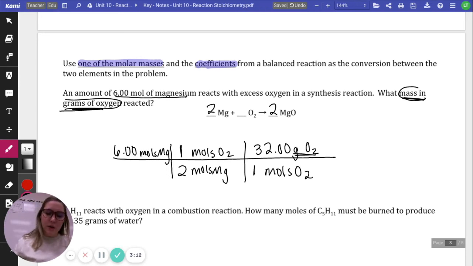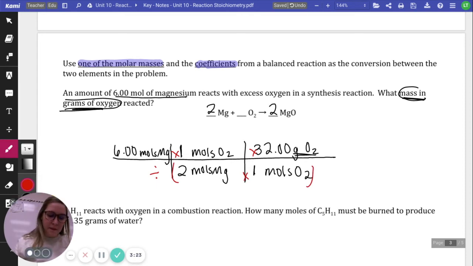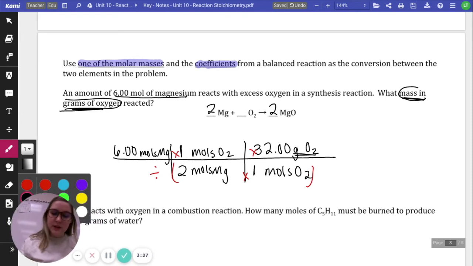So now we can multiply across the top: 6 moles times 1 times 32, and then divide by the product of the bottom. Go ahead and take a second to plug that into your calculator. 6 times 1 times 32 divided by 2 times 1.